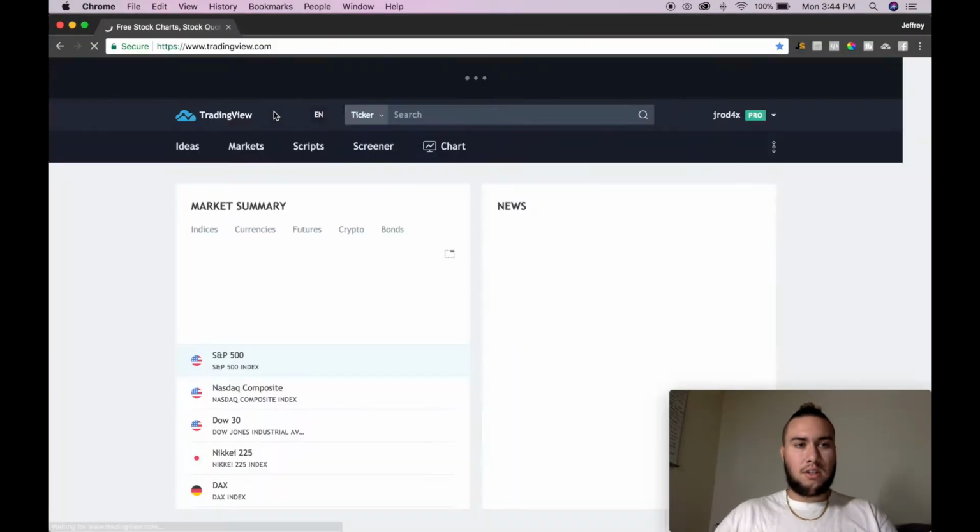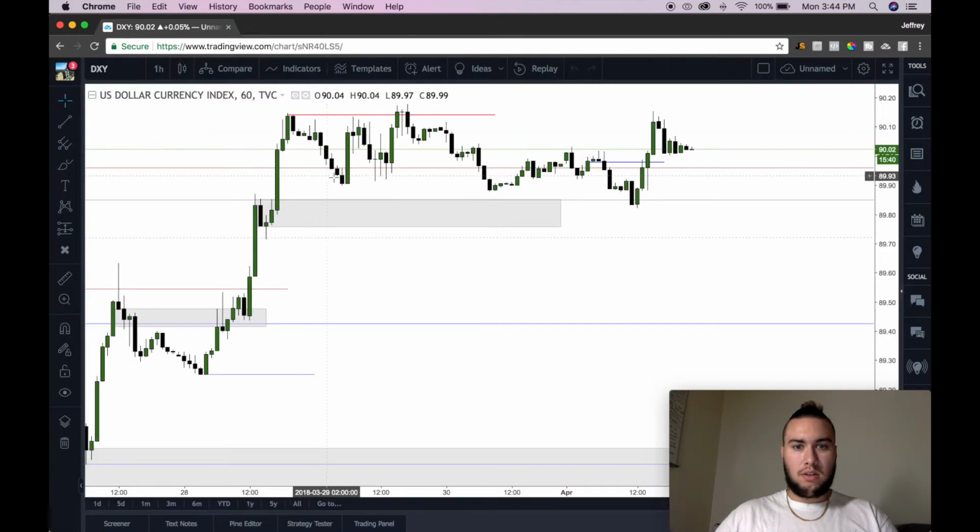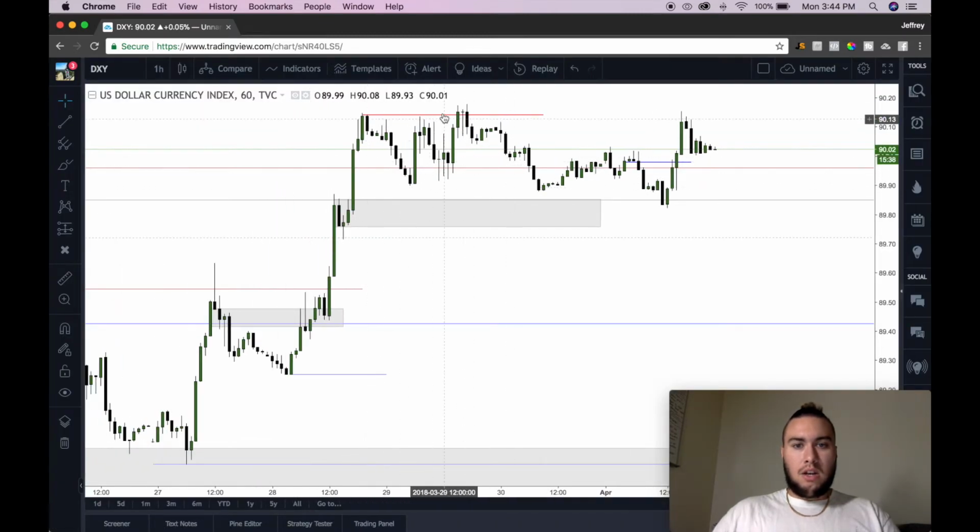Alright, so first I always look at the dollar index and get it pulled up. Okay, so we're still trading between the range that I've outlined. This high here, which comes in at 90.15, and this low here that comes in at 89.75.